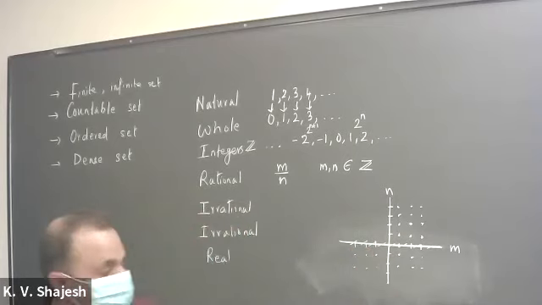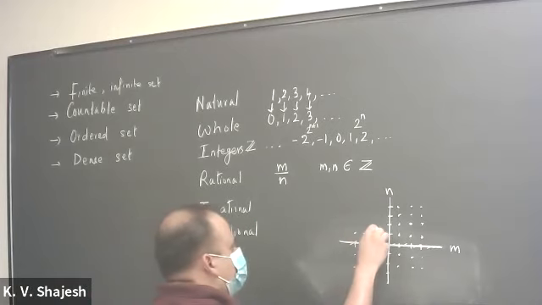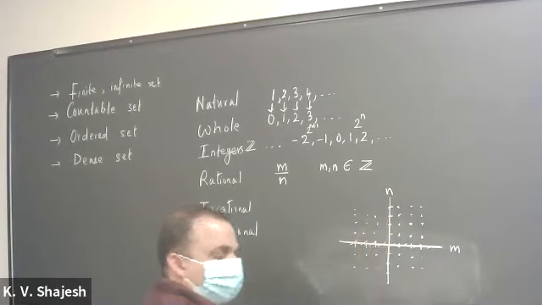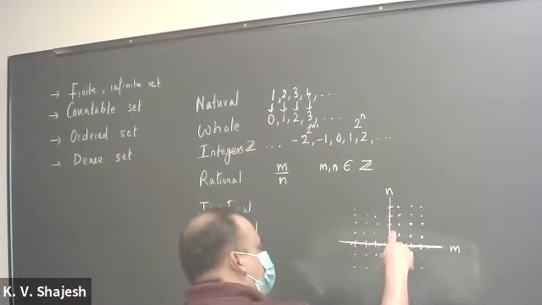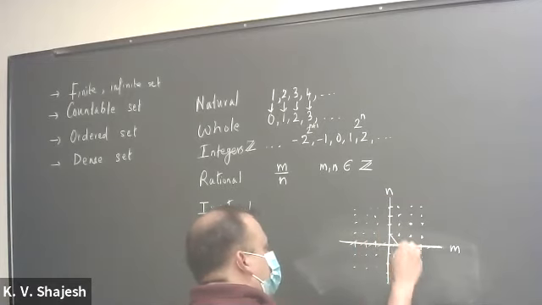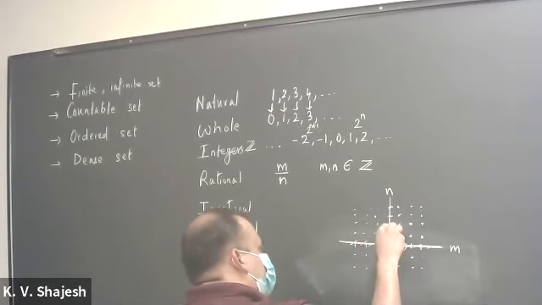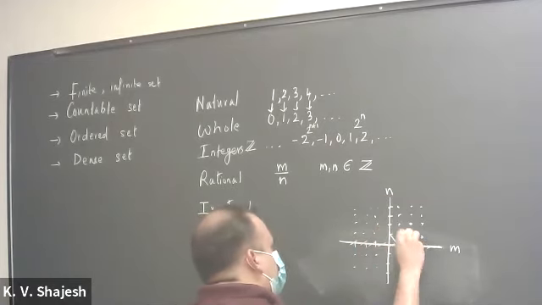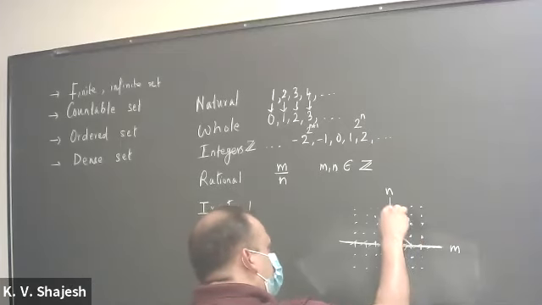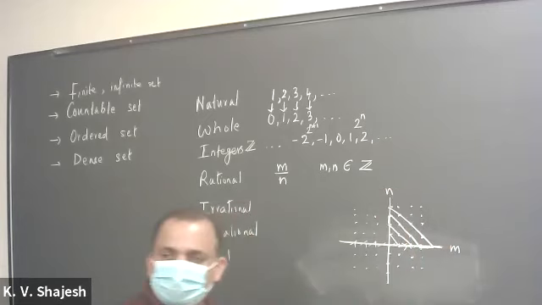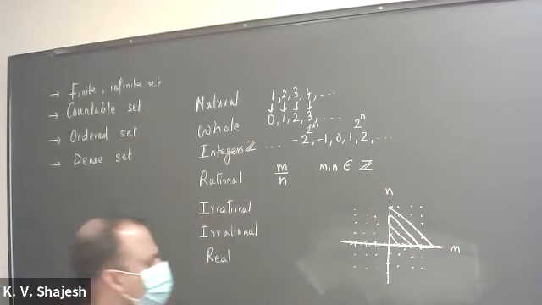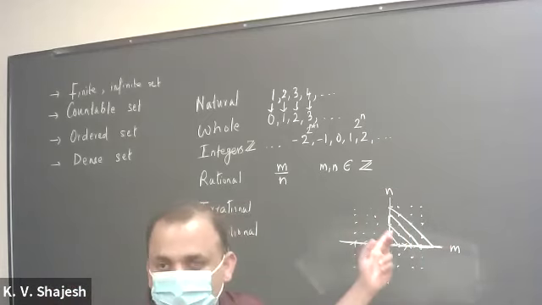Otherwise, every point in here represents a rational number. We want to make a map from here to natural numbers. So let's at least do one quadrant. You can start from here and go there. So that's 1, 2, 3, 4, 5, 6, 7, 8, 9. And I can keep going. Then you would say, oh, I missed this quadrant completely.